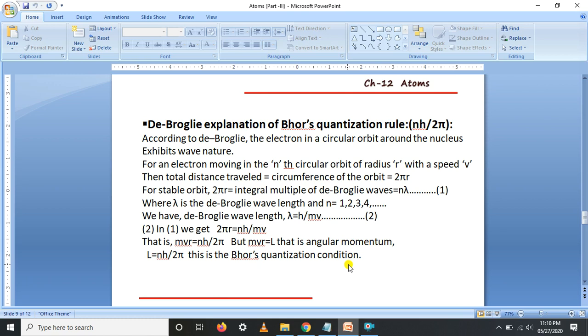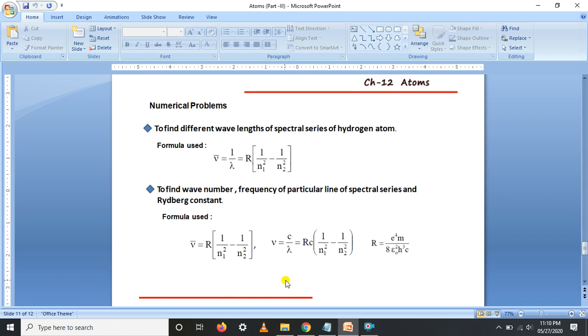So, thank you. This de Broglie explanation is completed, and after that we'll see the numerical problems where you should find the different wavelengths of spectral series of the hydrogen atom.